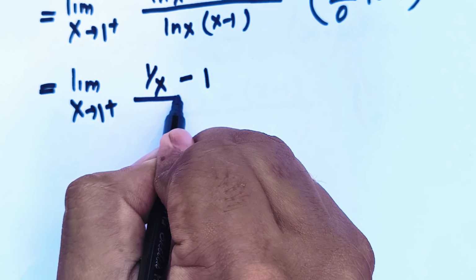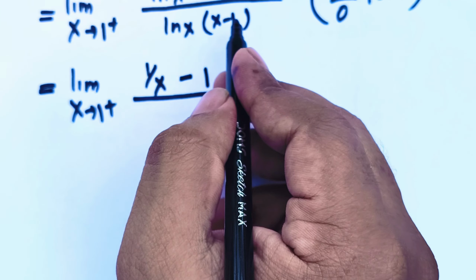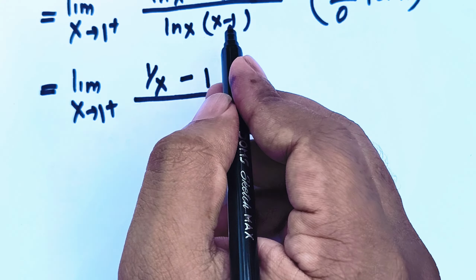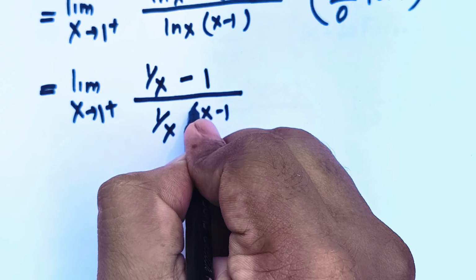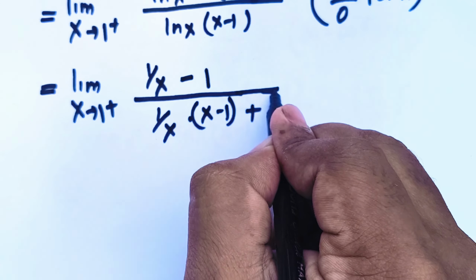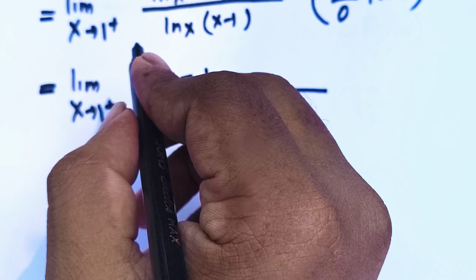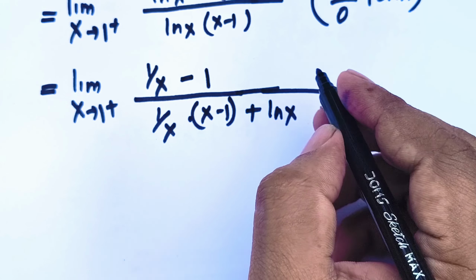So this is it on top. In bottom we have a product of two functions, so we will apply the product rule for differentiation. Derivative of ln x is 1 over x, and keep x minus 1 as it is, then plus keep ln x as it is, and then derivative of x minus 1 which is 1.